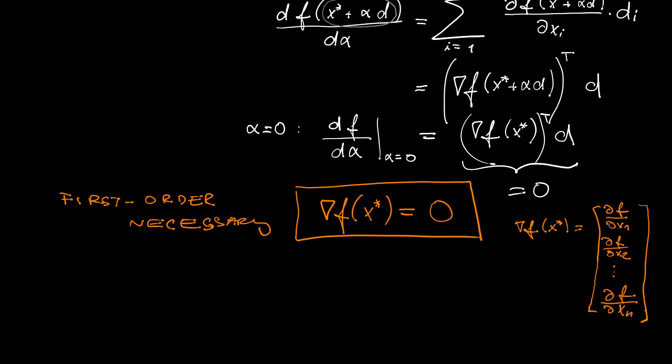Now let's go for second order conditions. For that, we need to find the second derivative of the g function with respect to alpha, but we can get it as the first derivative of what we already have.